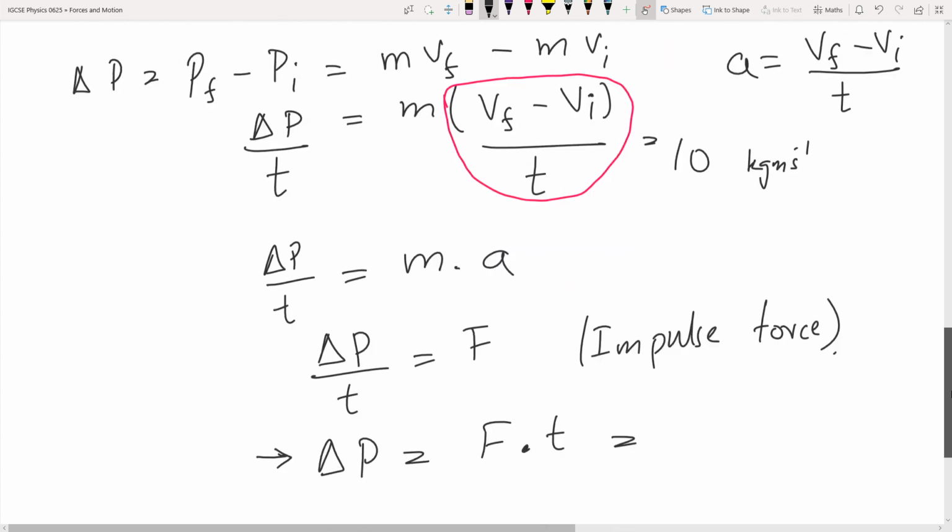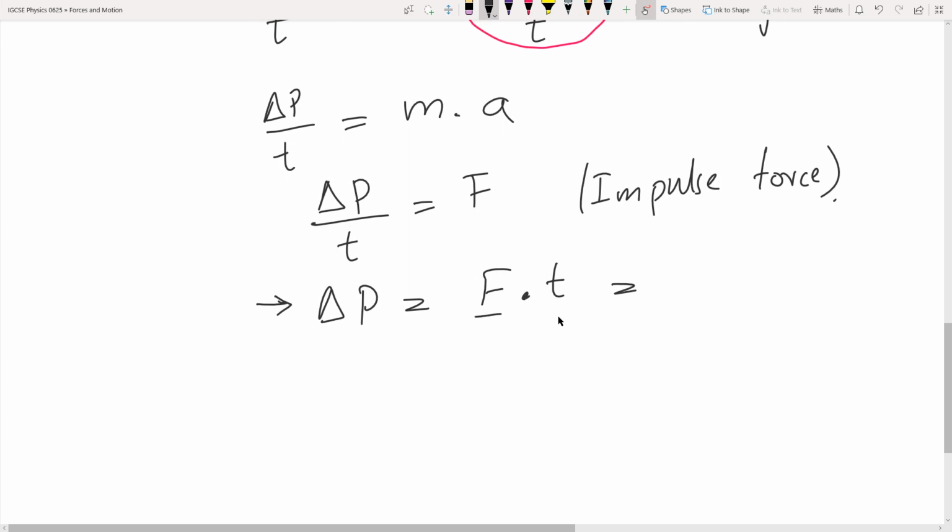So in this case, it is going to be force. It would be 10. The value is going to be the same, but the units will change over here since we're talking about impulse now, right? So it's Newton for force and seconds for time. Now remember, Newton second is equal to kilogram meter per second.